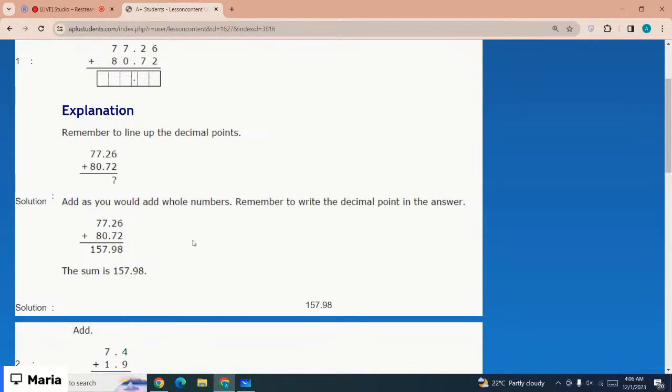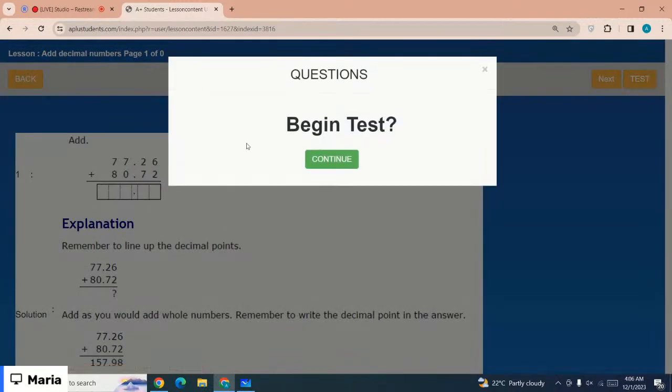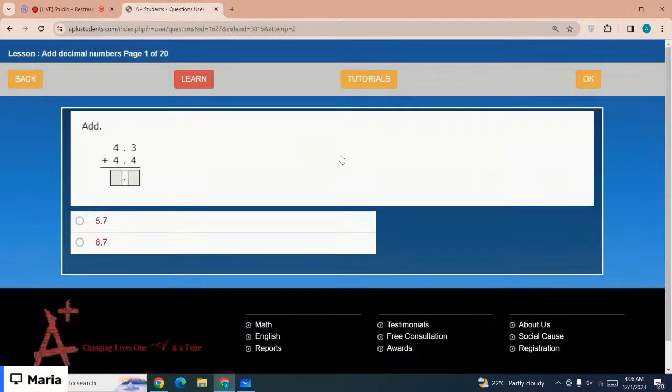Let's start the test questions. You have to add 4.3 and 4.4, which is the correct option?